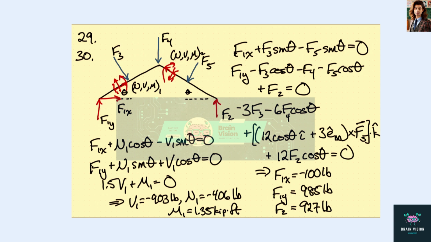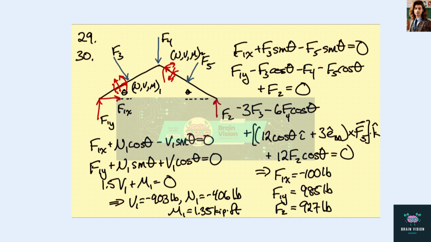So what I did here, just to make it simpler, I took the vector to this point as this vector plus this vector. So this is 3 feet in the BD direction, and then this is 12 cosine theta in the I direction. This cross product is easy because F5 is perpendicular to BD, so we just get 3F5 in the K direction.